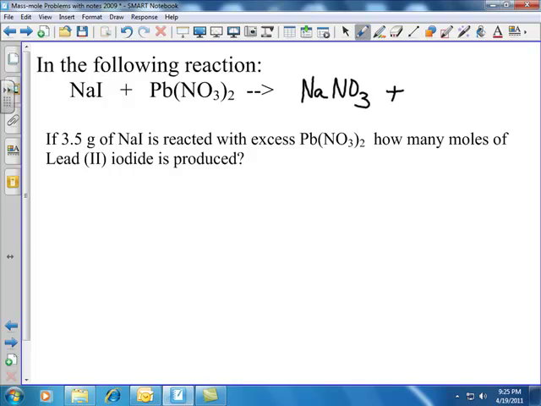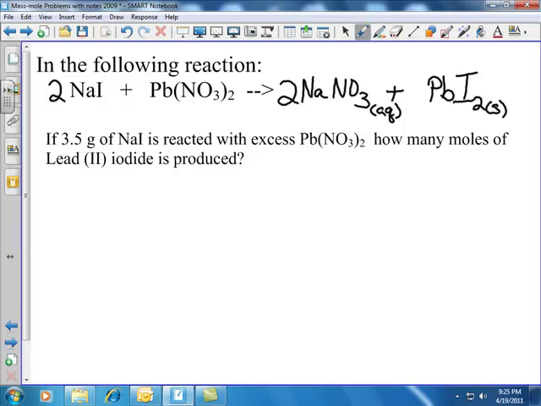And then I'm going to get lead iodide, PbI2. If you want to go so far as to remember that it's aqueous, and that's going to be my precipitate, that's fine, but I'm not so concerned about that at this point. And then you absolutely must make sure you go back and balance. So I'm just going to balance it for us real quick here.